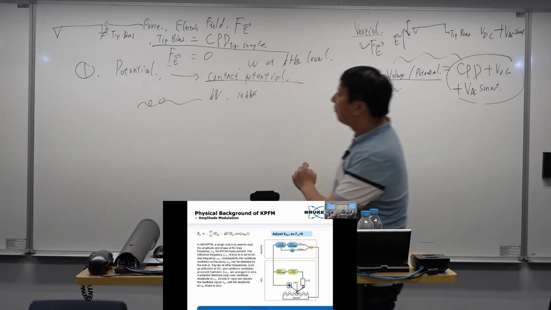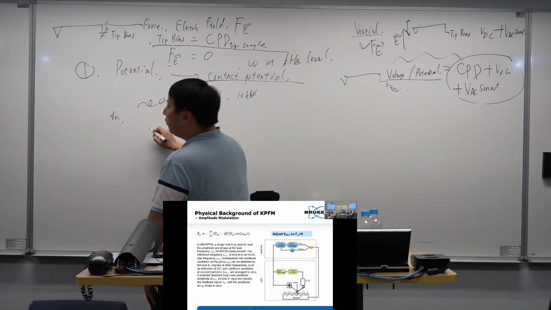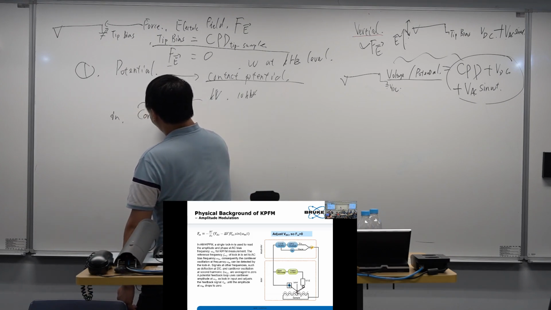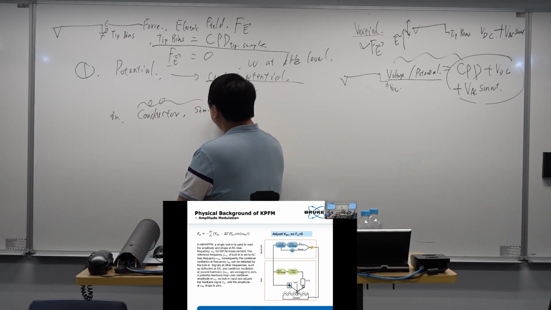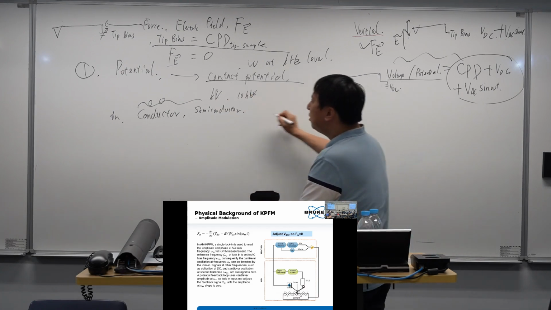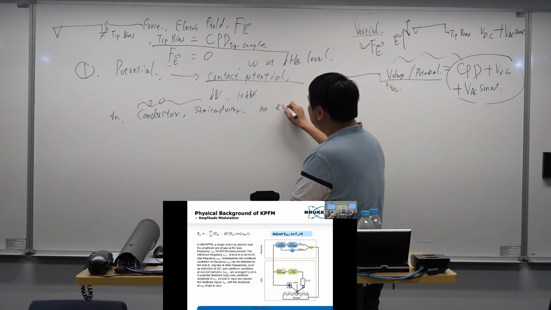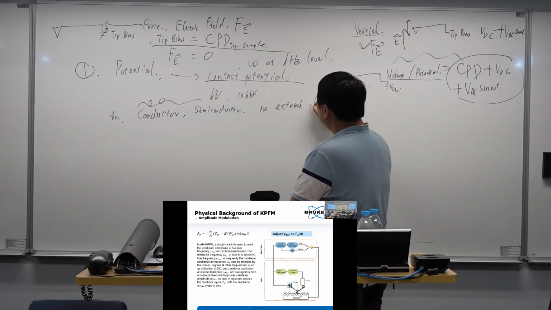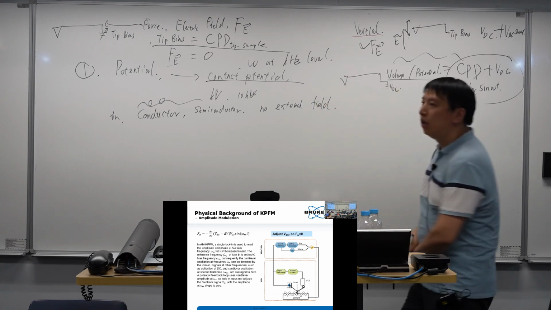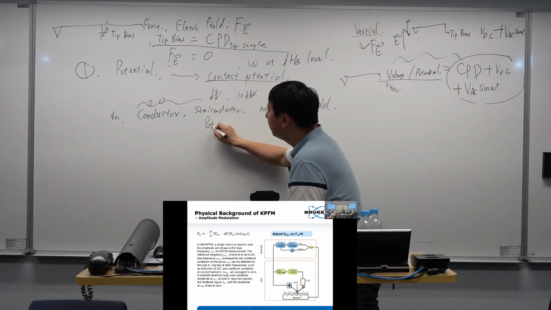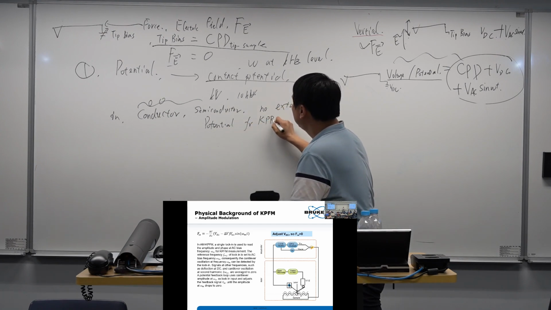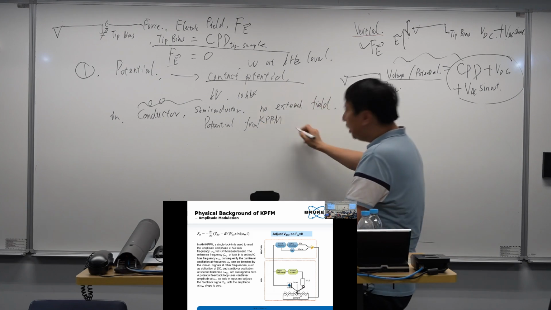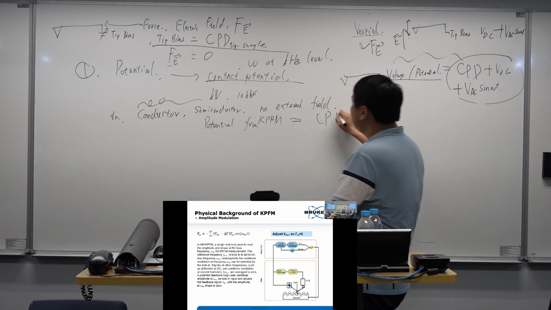Okay, so if your sample is a conductor, or sometimes a semiconductor is okay, and there is no external field, the potential we get from KPFM equals the contact potential difference.